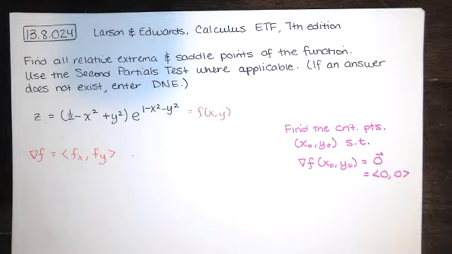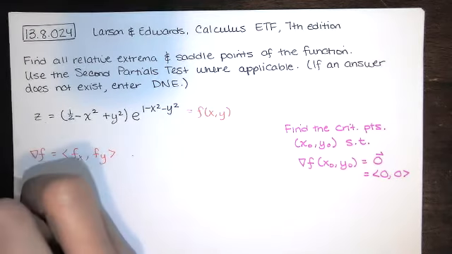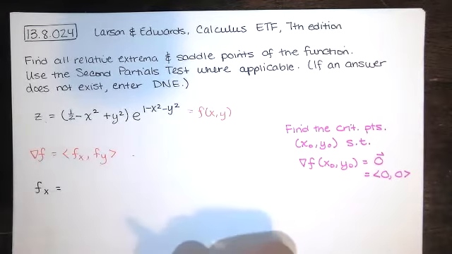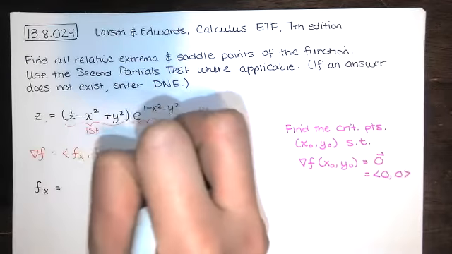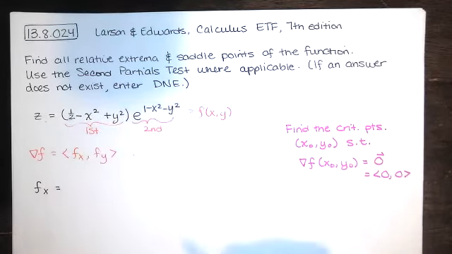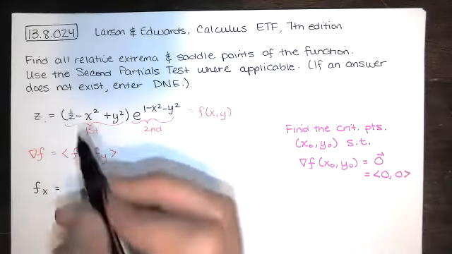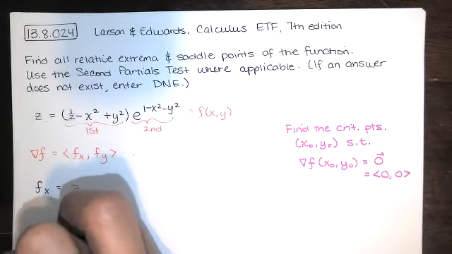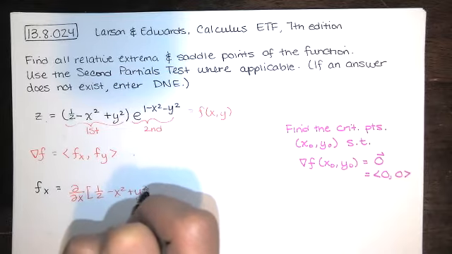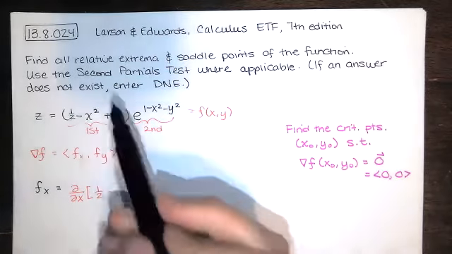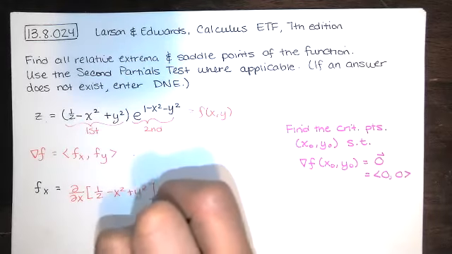Let's do that. If I think of this as my first function, and this is my second function, remember from Calculus 1, we take the derivative of the first, and we multiply it by the second function, undifferentiated.